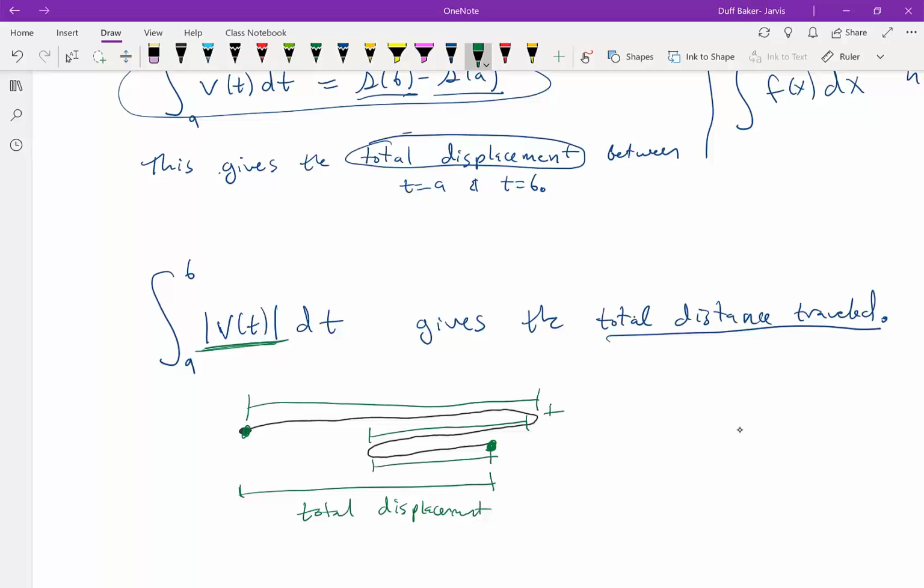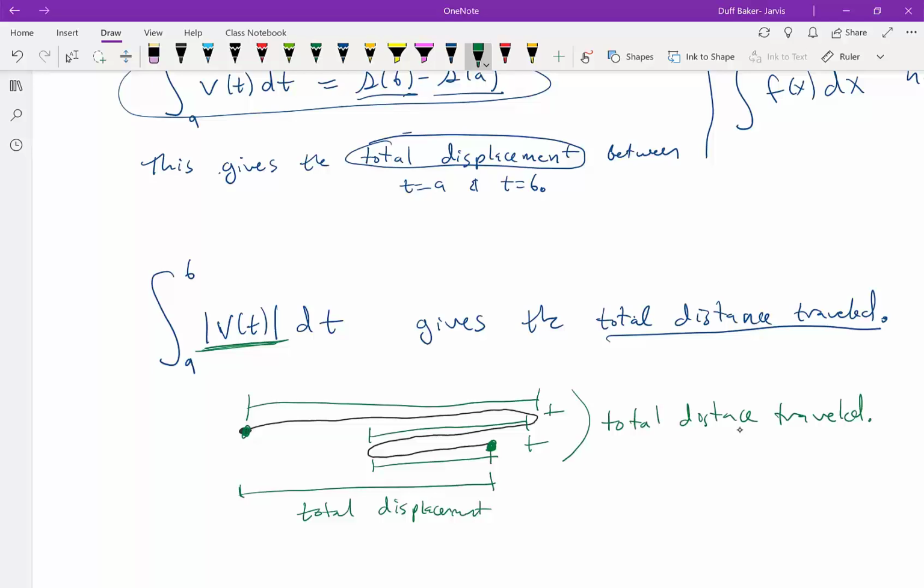If I add all these distances together, if you were going on a bike ride, this would be like the actual distance you rode. So this is the total distance traveled. You traveled further than just the distance between where you started and where you ended up. You went back and forth a little bit in there. So that's the difference here.